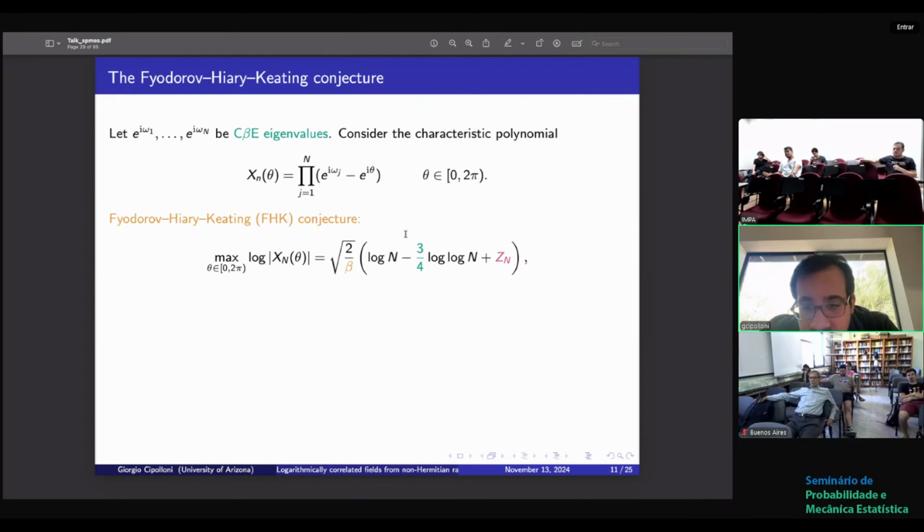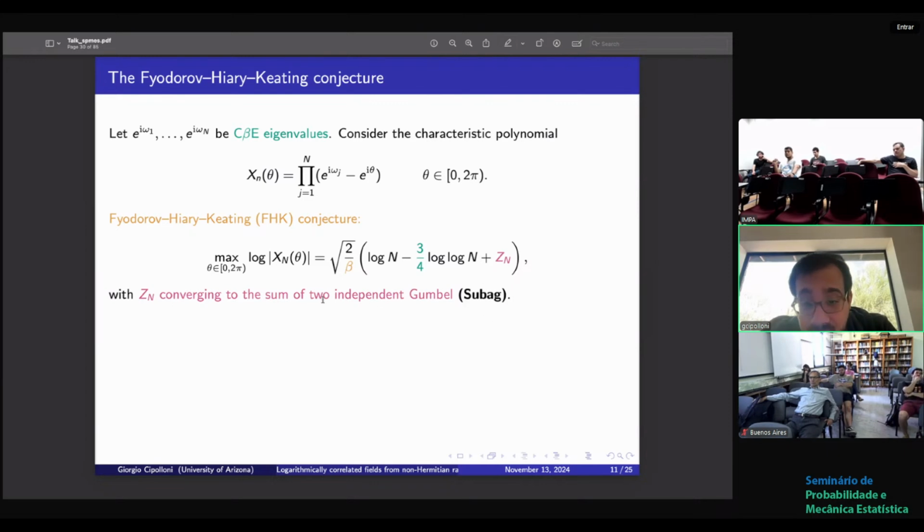So we have this 3/4 appearing here, and then for Z_n, again, they expect it to be an order 1 random variable converging in distribution to the sum of two independent Gumbels. Actually, the fact that it's explicitly independent Gumbels was figured out by Subag later.